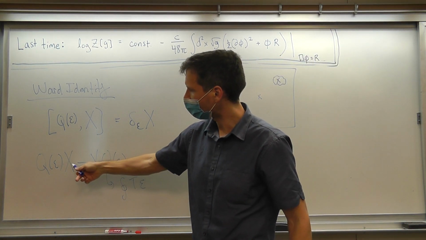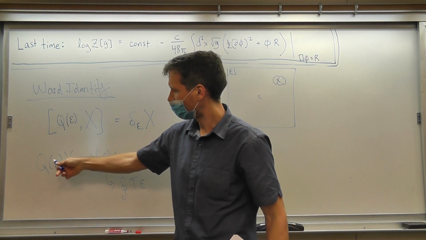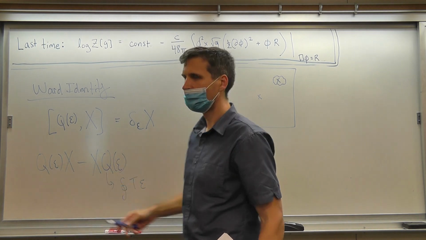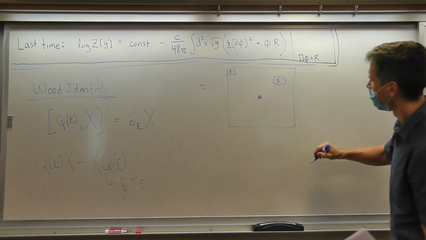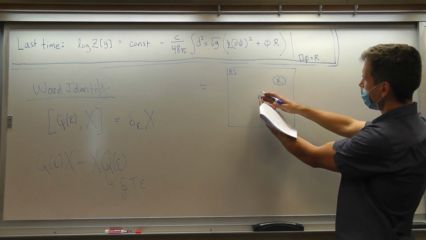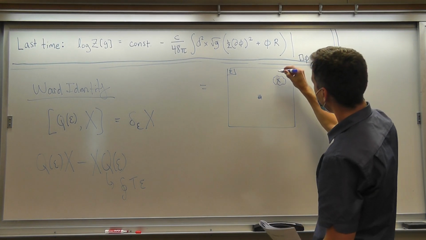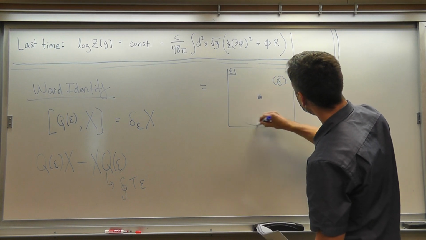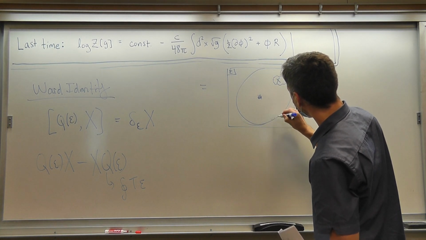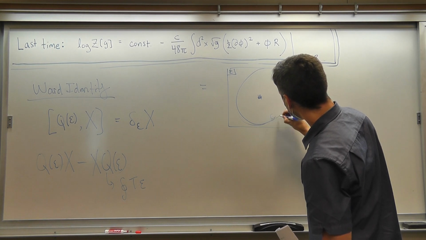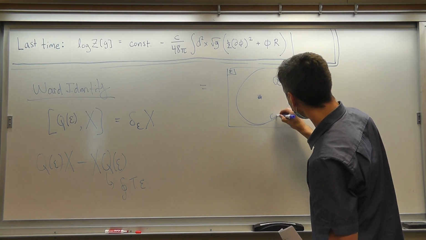So the ordering here is that we first act with X, and then we act with Q, which means this is supposed to be an origin, not an X. So we first act with X, and then with Q, which means that Q should be on a contour I'll call C1.